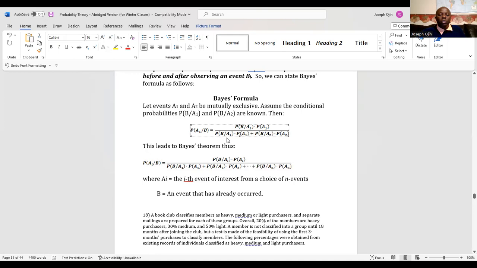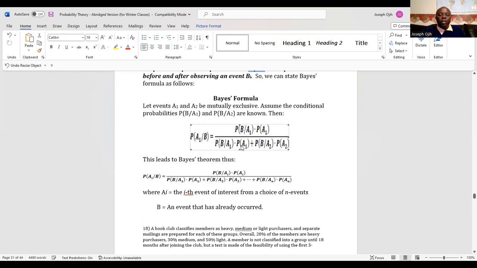Then the probability of event A1 given B, this is the formula, means probability of B given A1 times the probability of A1, divided by the probability of B given A1 times probability of A1 plus probability of B given A2 times probability of A2.